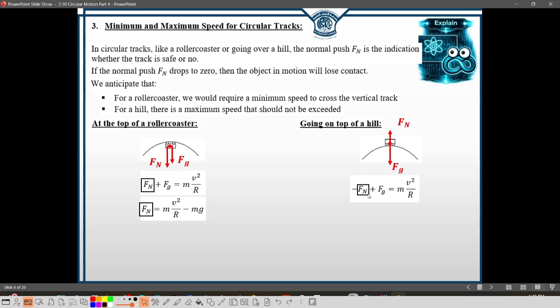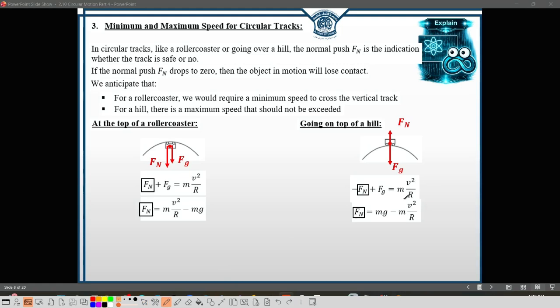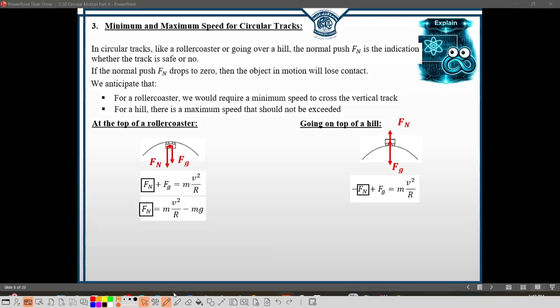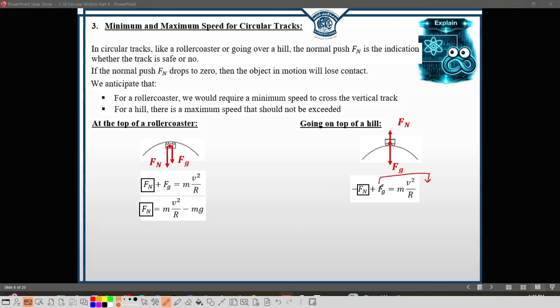And we're going to consider the Fn because we are looking for an expression for the contact force between the surface and the body. Moving Fg to the other hand side, it becomes minus. Let me explain it more. So minus Fn equals mv squared over r minus the force of gravity, which is mass times gravity.